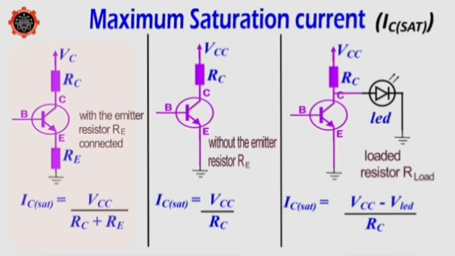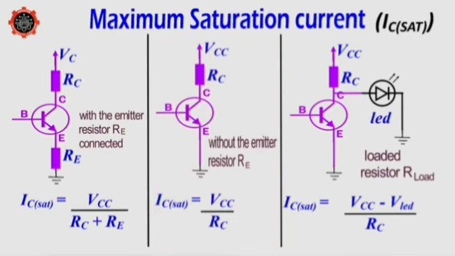Now, if the emitter resistor is not in the circuit, it's just VCC divided by RC, where RC is the collector resistor.